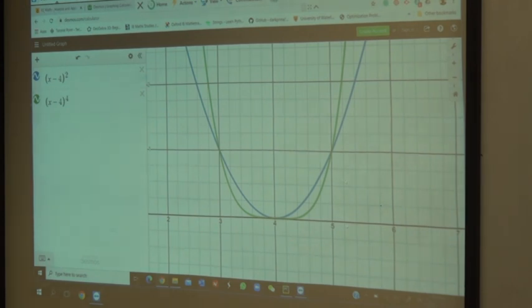What is the square of this? 16. So this one has to start at 16. What is the intercept of this? So, 3. X, Y. That's 9.